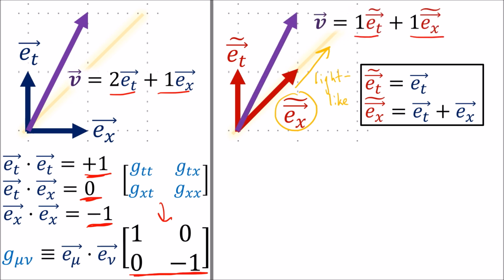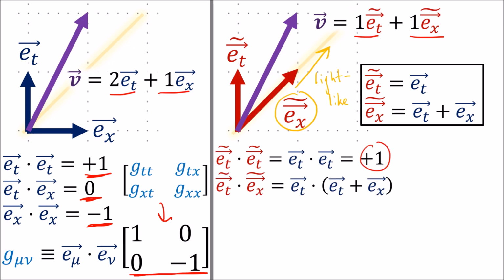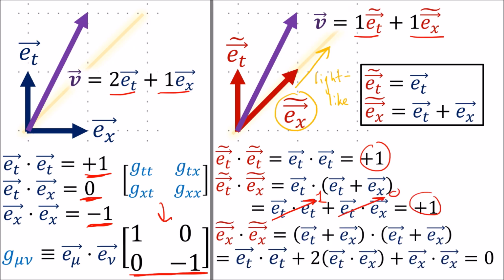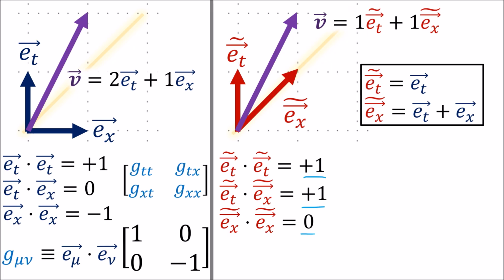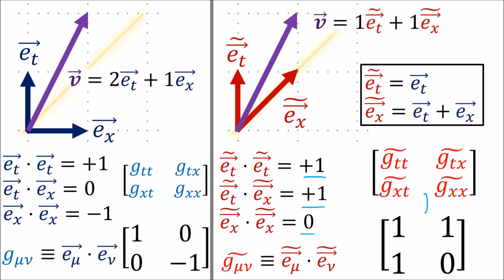If we calculate the dot products, ET tilde dot ET tilde equals +1, ET tilde dot EX tilde equals +1, and EX tilde dot EX tilde becomes 1 plus 0 plus -1, which equals 0. So given these dot products, the metric in this basis looks like this.